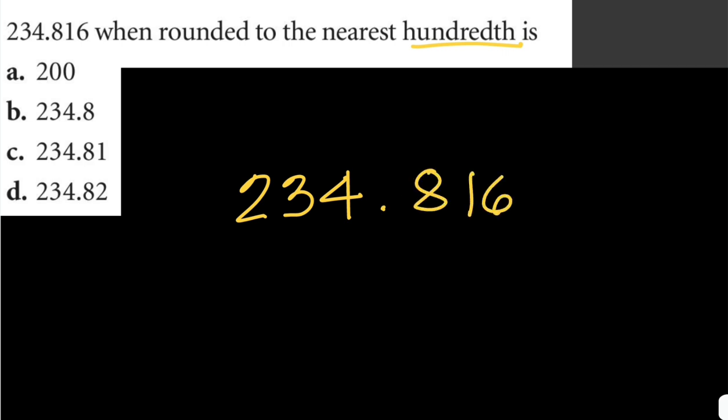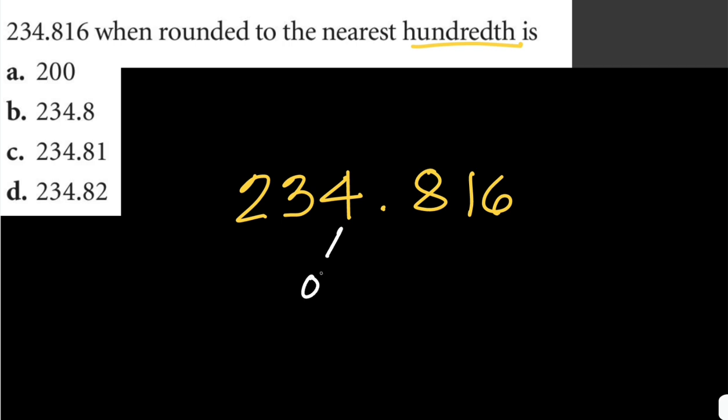234.816 when rounded to the nearest hundredth is, all right, so we're given this number here with 6 digits. Now let's identify the decimal place value of each of the digits here.